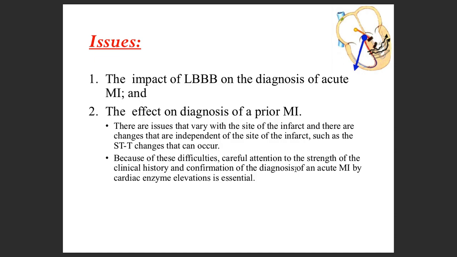You know the TIMI-3 flow, thrombolysis in myocardial infarction 3, where the stenosis, the occlusion should be gone away. It's not always achievable. It is unpredictable, and that is one of the reasons that if PCI is available, they try for that. But in the golden hour period, both of them are pretty equally effective.